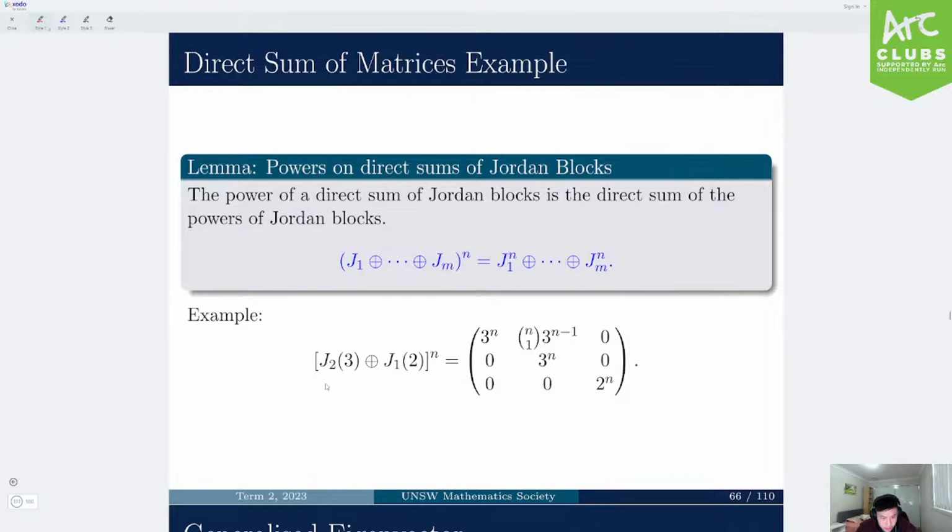So what this is going to look like is J2(3) is just going to be this Jordan block here, and we direct sum it with J1(2). That's just going to be the single entry to the power n. Okay, and again, we can just chuck the n inside of the direct sum of matrices and take the power individually to get us a direct sum of these two matrices together, and we pad everything else out with zeros again.